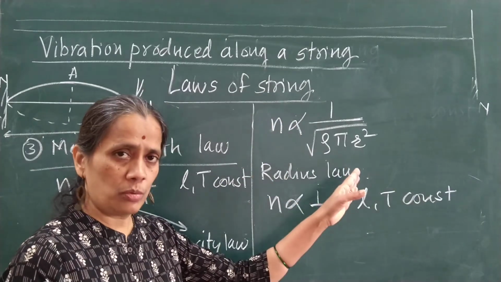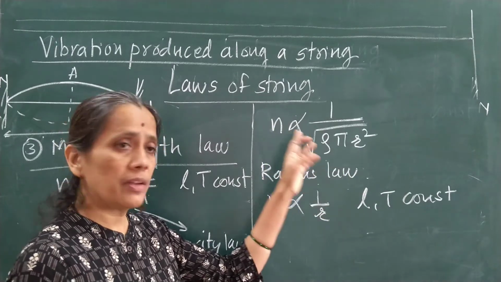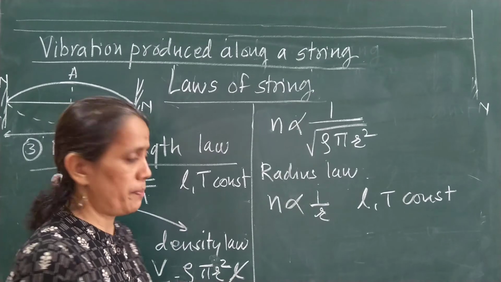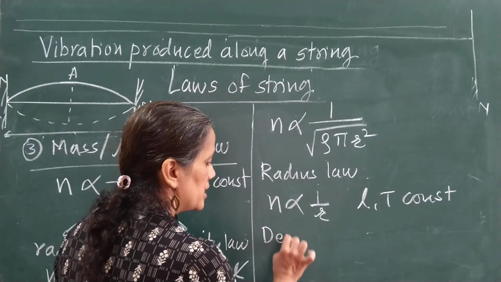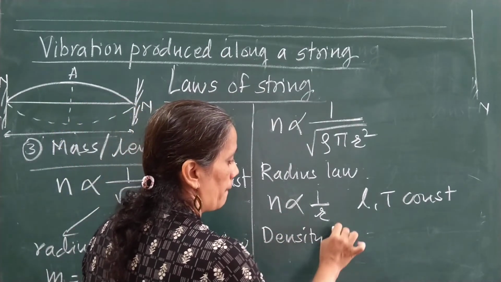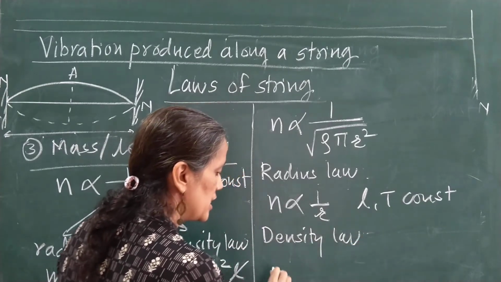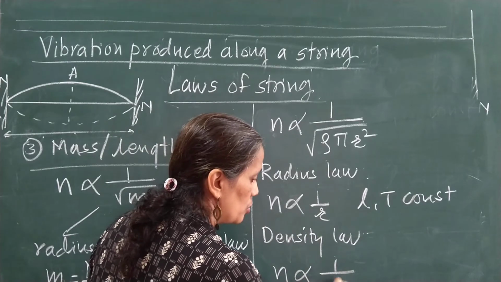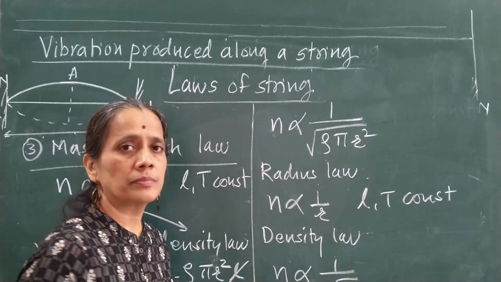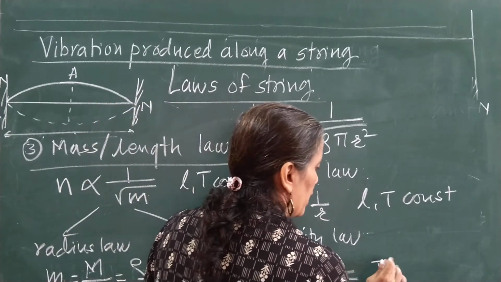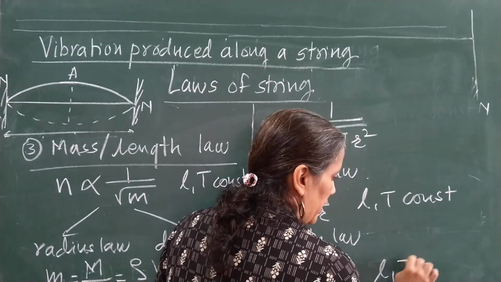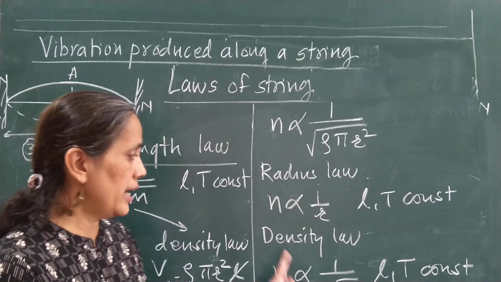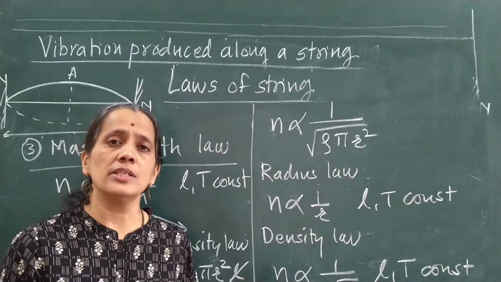And if I want to show the dependence between frequency and the density of the material from which that wire is prepared, I can say that law is the density law. In that density law, frequency is inversely proportional to the square root of rho, where vibrating length and tension remain constant. And that law is called your density law.